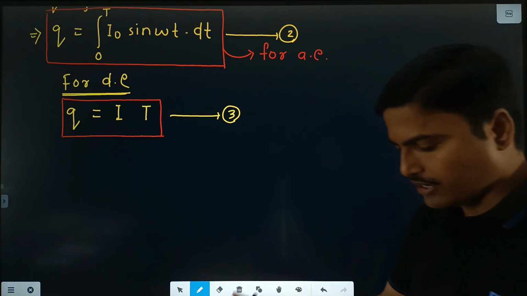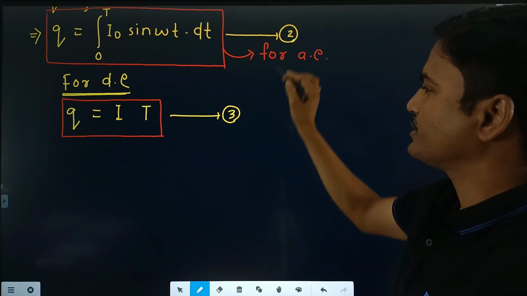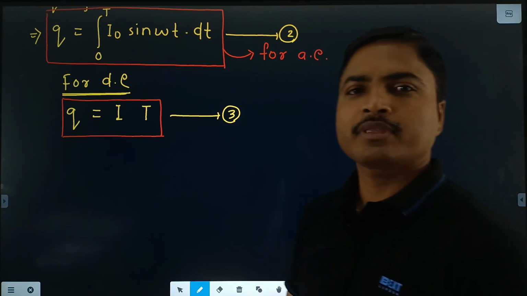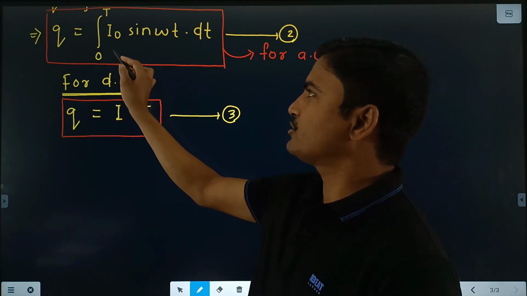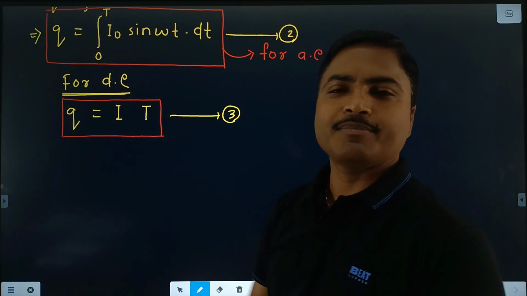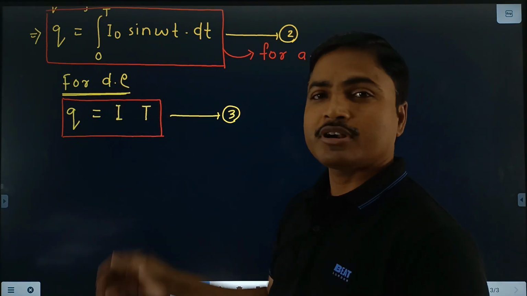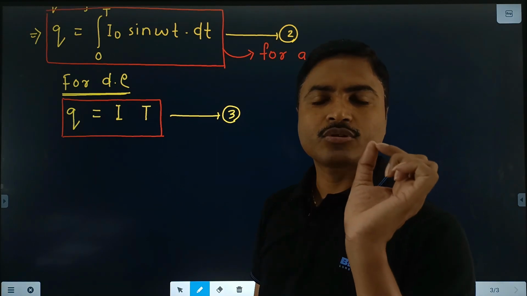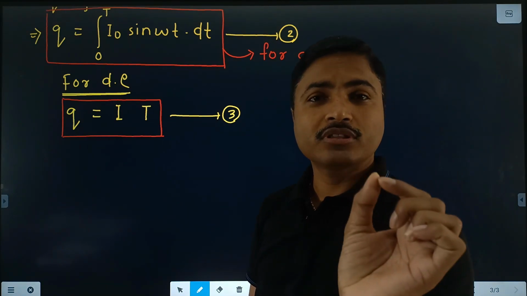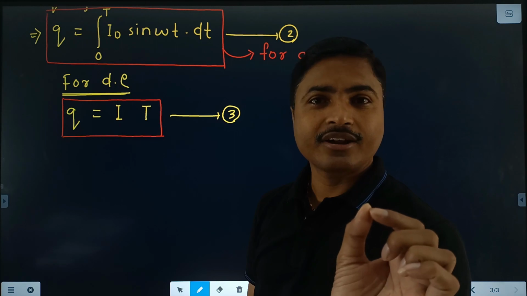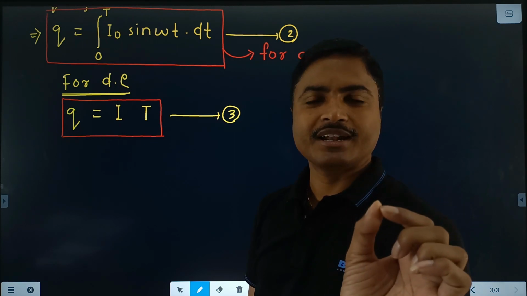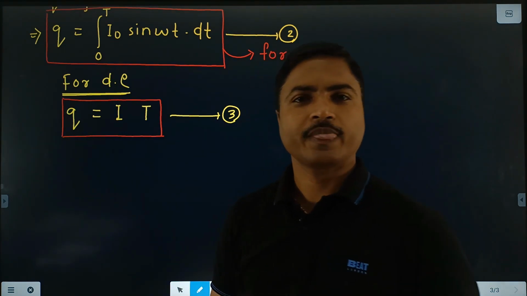Clear? And here, look at equation 2 and equation 3. Here alternating current is flowing through the circuit for time capital T. Here also direct current is flowing through the circuit for time T. That means the total time given for both direct current and alternating current is the same, capital T, the time period. Clear?